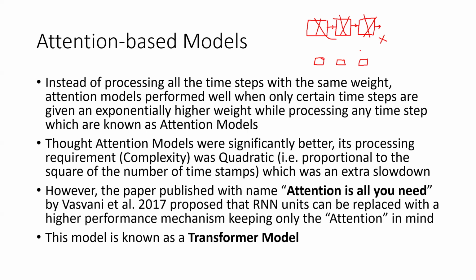Now the problem is, if we remove this information flow, how do we know that this is the first event, this is the second event, this is the third event, and so on? That is the problem, right? So if we remove the sequence and just consider all these input vectors as just a set of vectors, then its sequence is getting deleted, right? So this information will not be there.